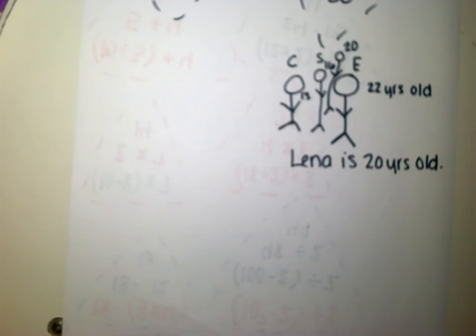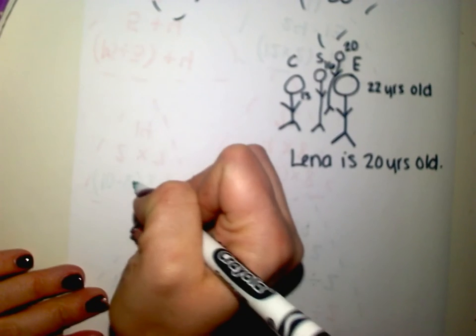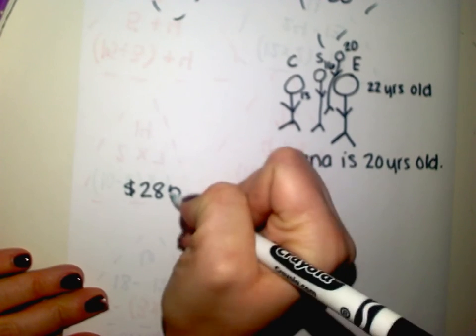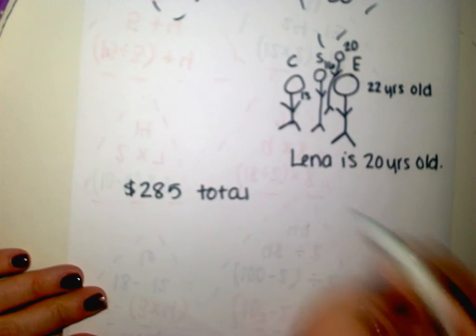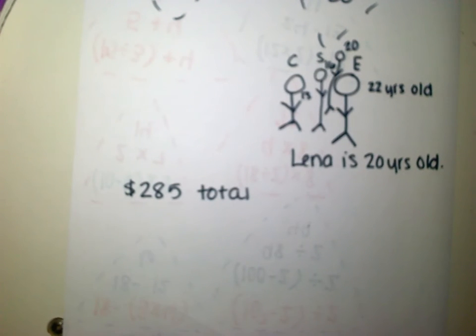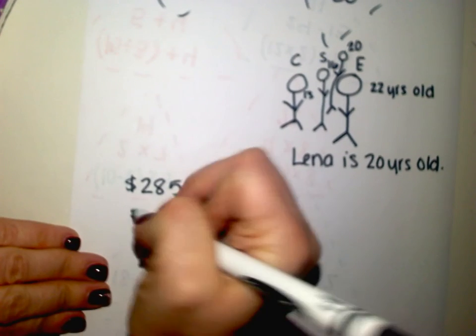All right, so working backwards. So we have a total of $285 total. How many tickets were sold at $5 each? Do you remember, Alex? 150. Okay, so 30 tickets were sold, so that's $150.